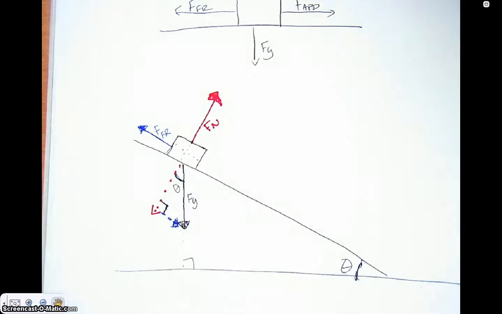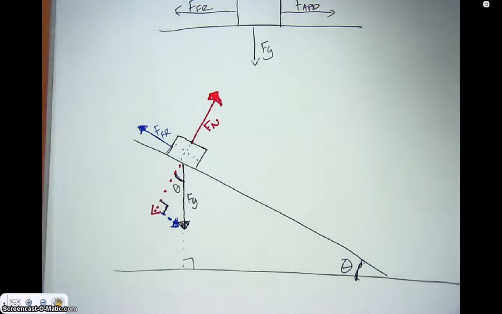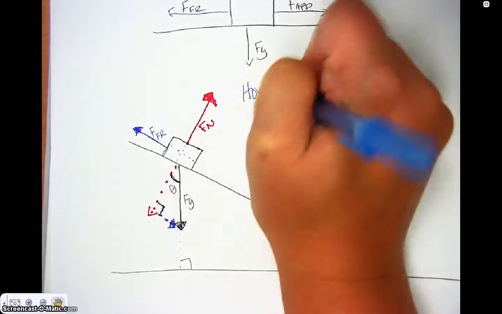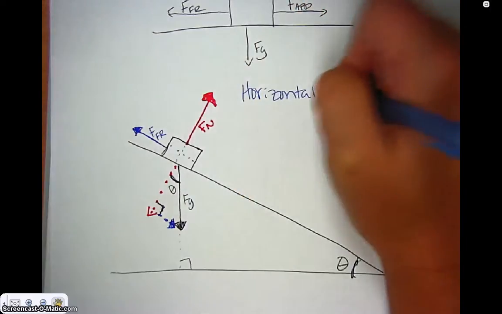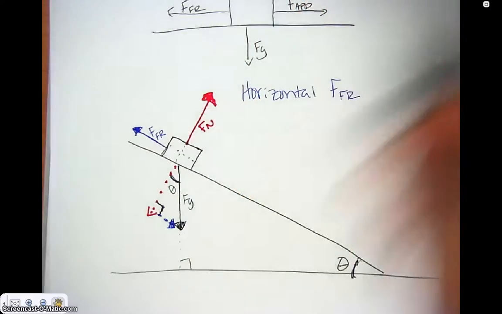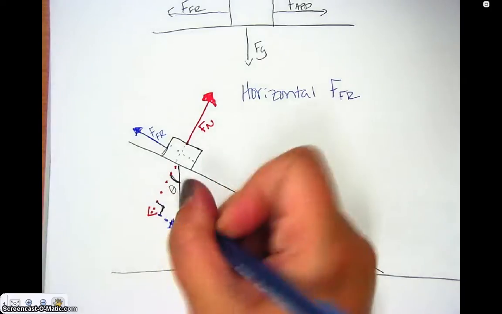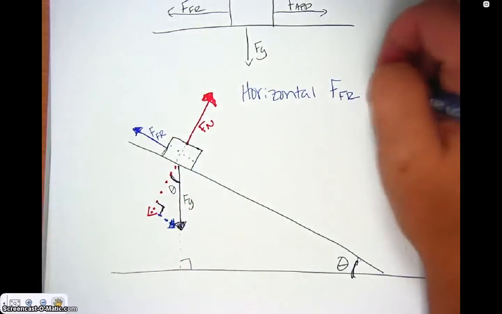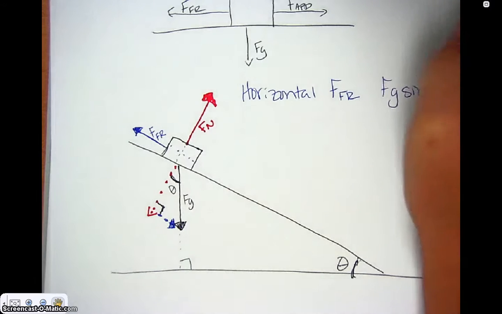All right. So if I wanted to describe what my horizontal vectors are and what my vertical vectors are, I could say that all of the forces in the horizontal direction would be my force friction. And then this component of gravity, well, it's the opposite. So that would be Fg sine of theta.